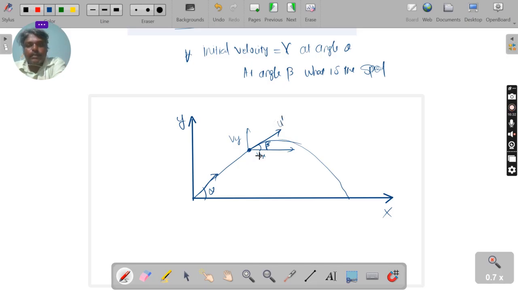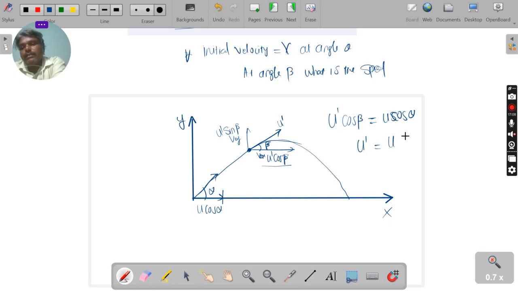U dash வச்சுப்போம். இப்போ horizontal velocity என்ன இருக்கும் இங்க? U dash cos beta இருக்கும். Vertical velocity என்ன இருக்கணும்? U dash sin beta இருக்கணும். So initial horizontal velocity என்னது? U cos theta. We know that in projectile motion horizontal velocity is constant. அப்ப U dash cos beta வும் U cos theta வும் ரெண்டோட magnitude ஈக்குவலா இருக்கும். அப்போ what is the velocity at angle beta?